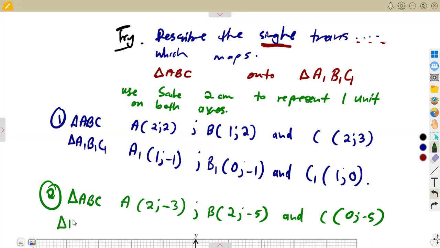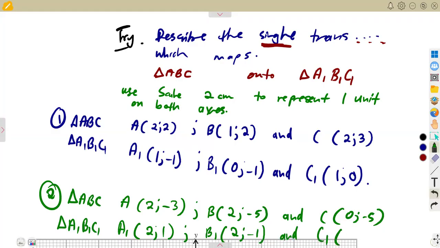And the image, which is triangle A1, B1, C1, where A1 is given as 2, 1. The point B1 is given as 2 minus 1. And C1 is given as 0 minus 1. That's the point C1.